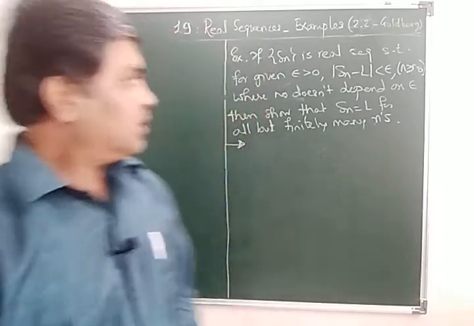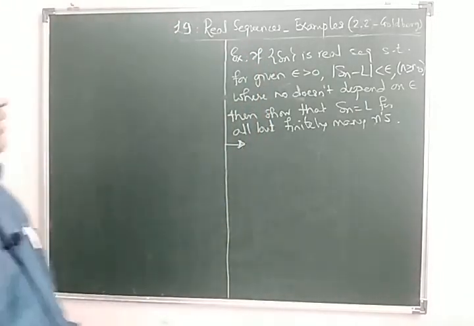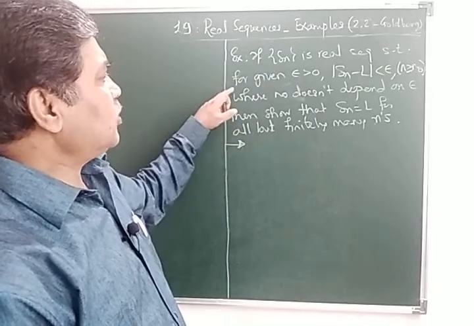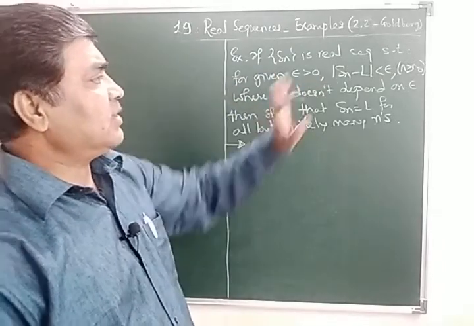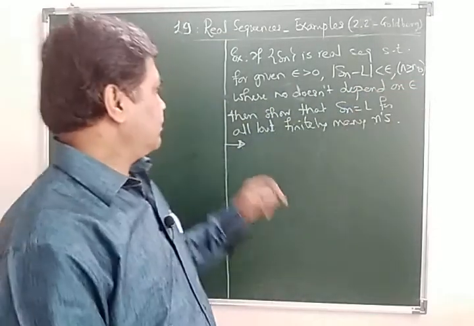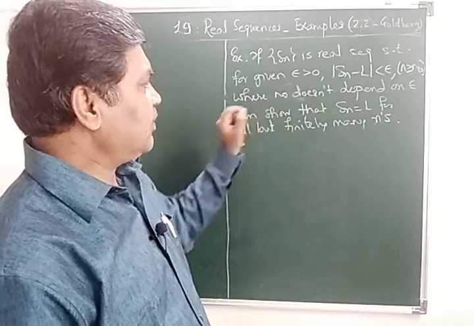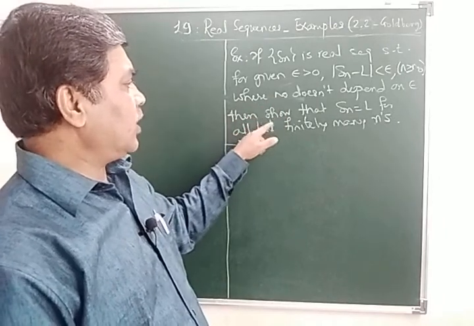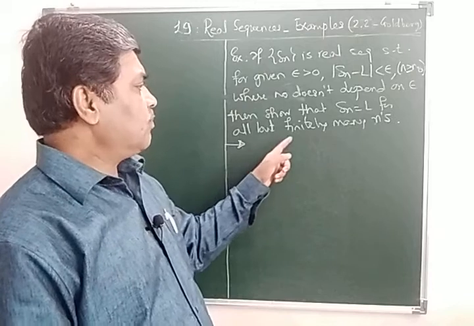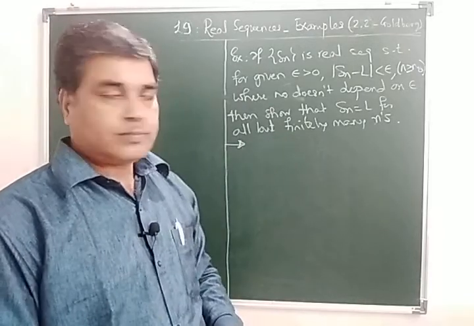The first example in today's session is: if Sn is a real sequence such that for any epsilon greater than 0, mod Sn minus L is less than epsilon for n greater equal to a positive integer n naught, where n naught doesn't depend on epsilon, then show that Sn is equal to L for all but finitely many n's.